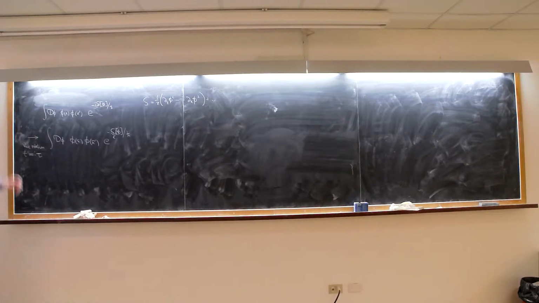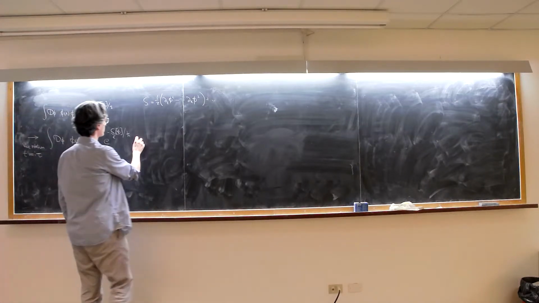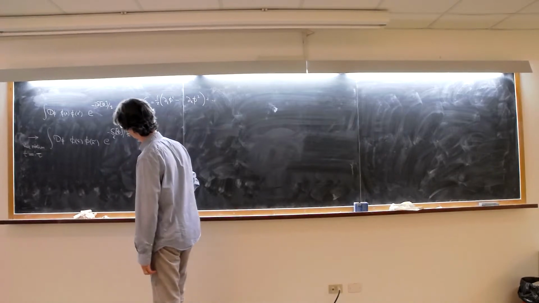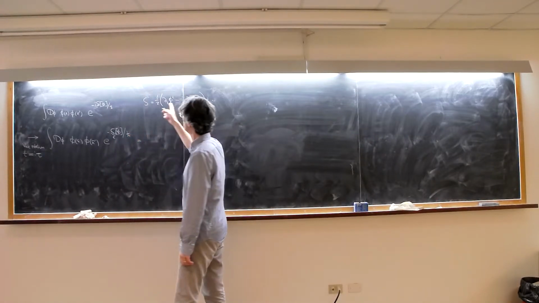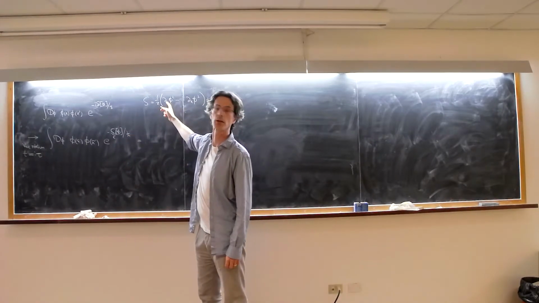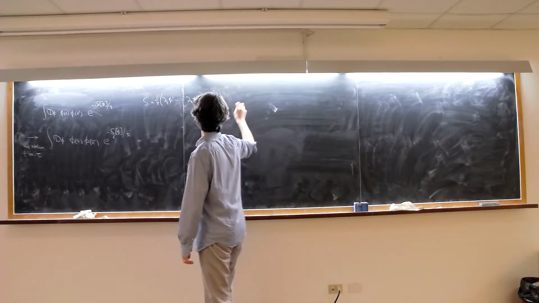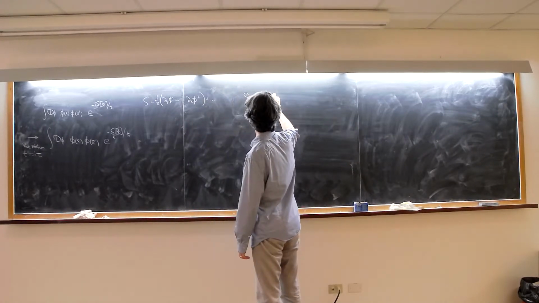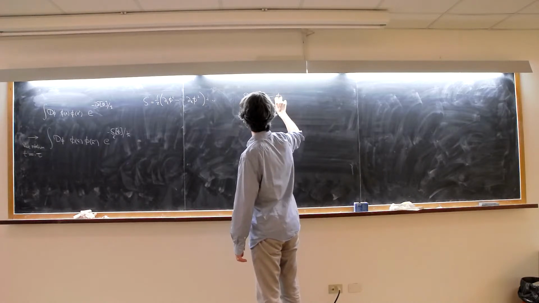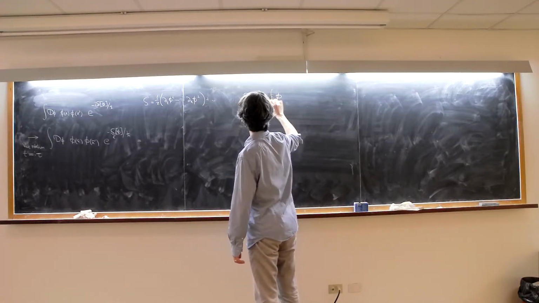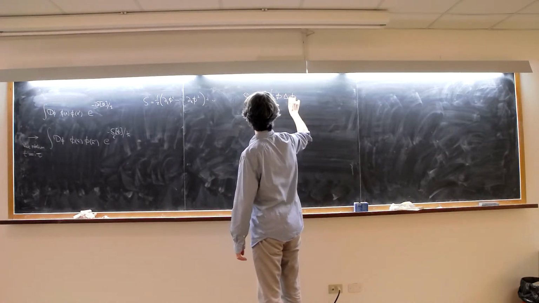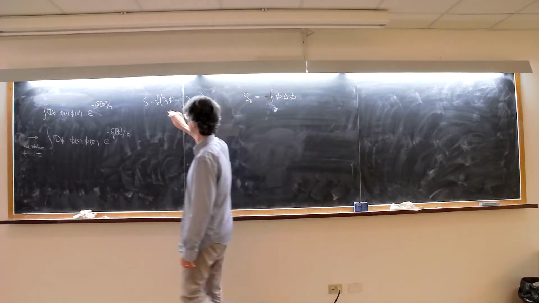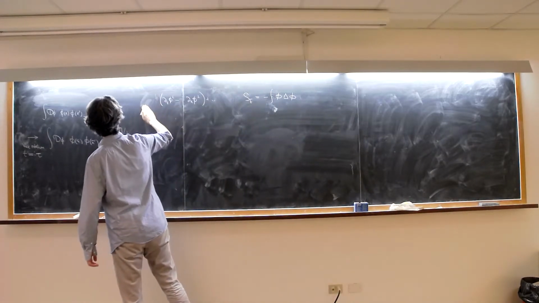And then you would say this is a Gaussian integral. A Gaussian integral is kind of the inverse of this differential operator. So this would be a minus this integral here.